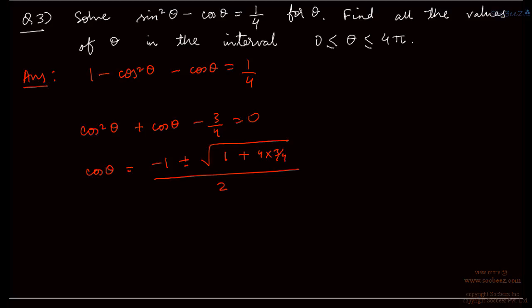Under the root we have 4, so the root of that is 2. Minus 1 plus or minus 2 by 2. That gives us minus 1 plus 2, that is half, or minus 3 by 2. Obviously minus 3 by 2 is not possible. So cos theta is equal to half.